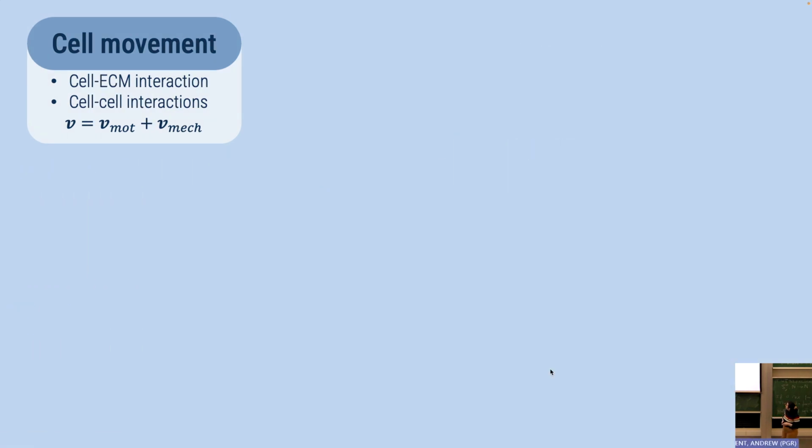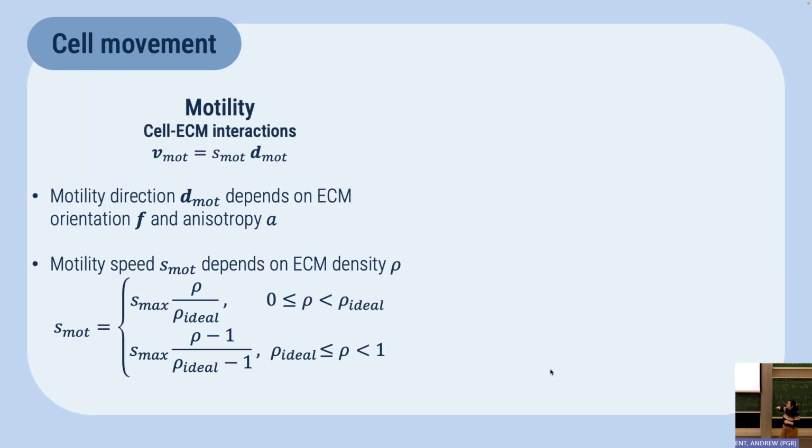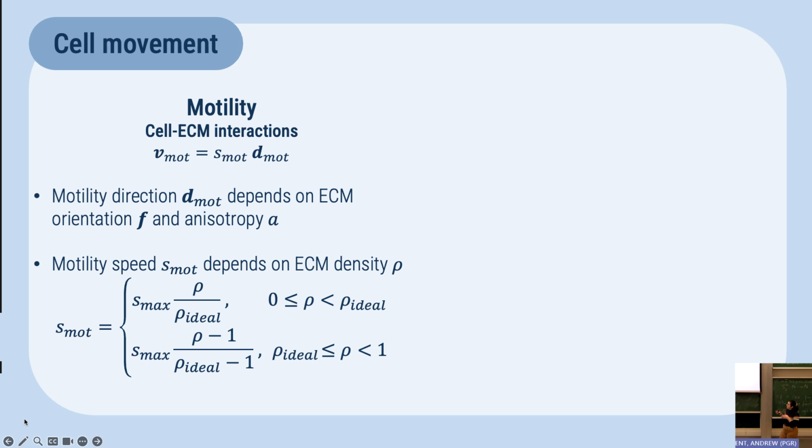Cell movement. Right, so we said cell-ECM interactions. In PhysiCell, this component of the velocity is called motility, and it is composed of motility speed and motility direction. The direction of movement of the cell depends on the orientation of the fibers and the anisotropy, and essentially the cell will tend to follow the orientation of the fibers, in particular if they're more aligned, so the anisotropy is high.